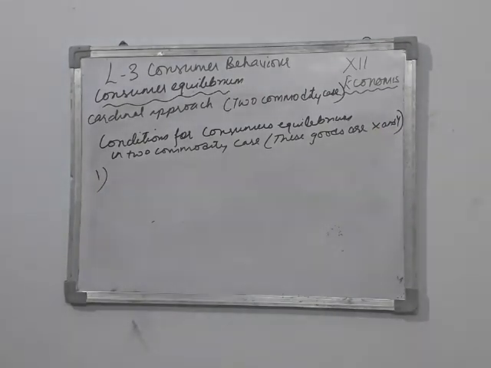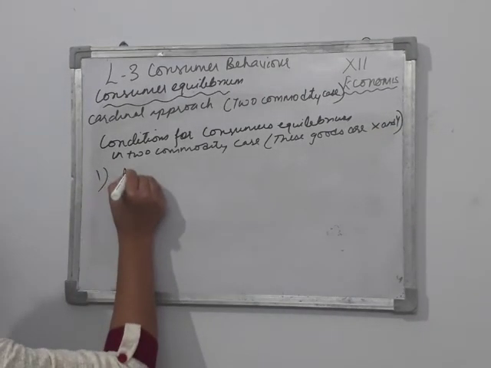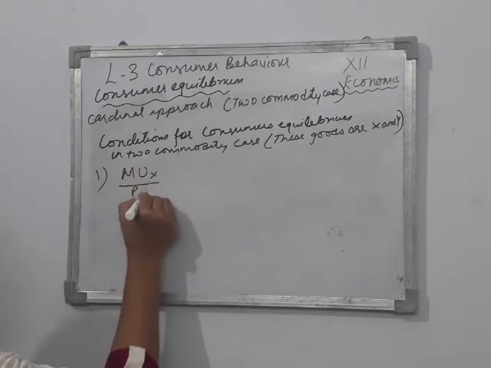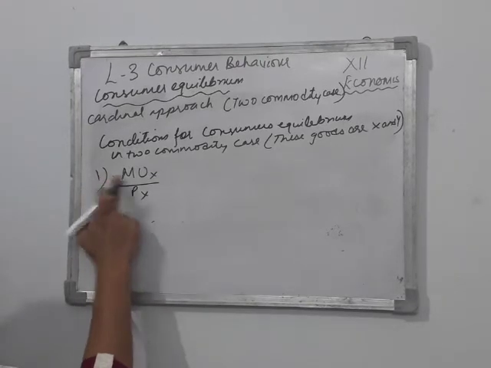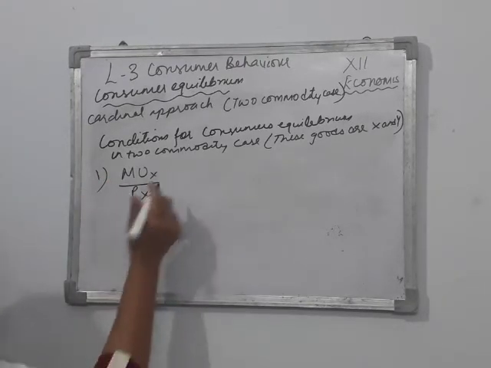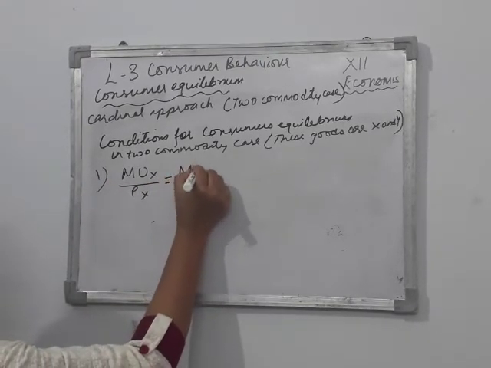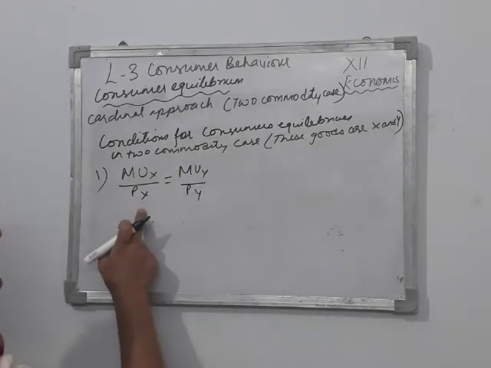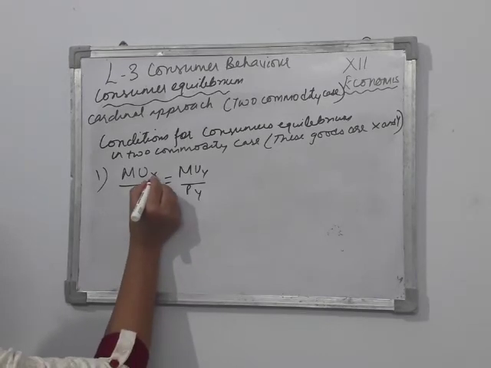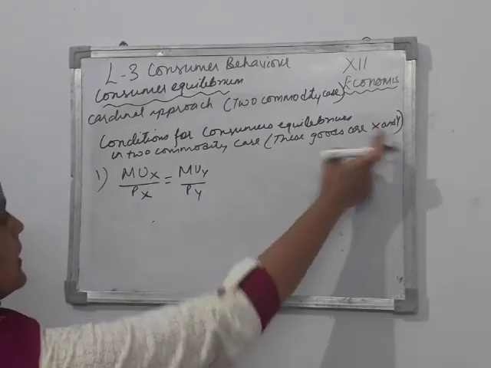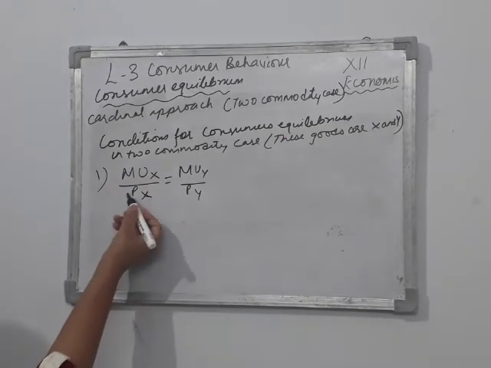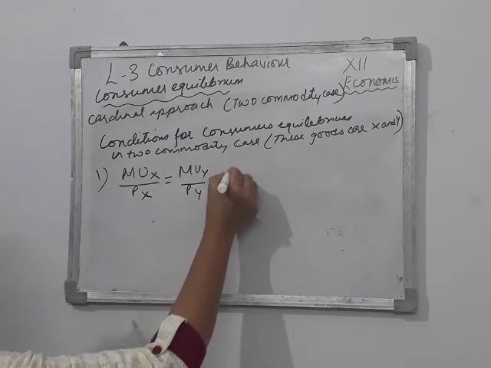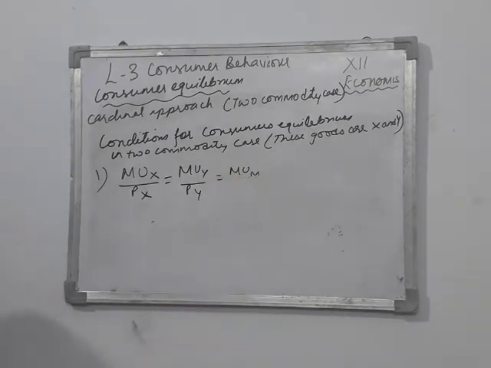Now the first condition is marginal utility of X, X is the first good, upon price of X, should be equal to marginal utility of Y upon price of Y. This is your X commodity, the first commodity, and this is your second commodity, Y. Marginal utility of X upon price of X should be equal to marginal utility of Y upon price of Y, which should be equal to marginal utility of money.